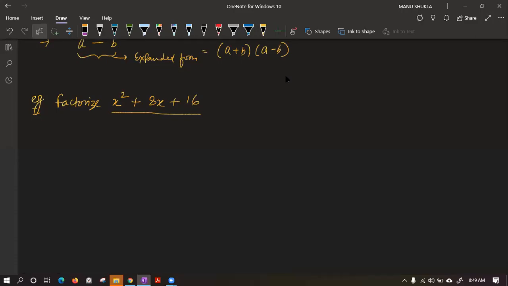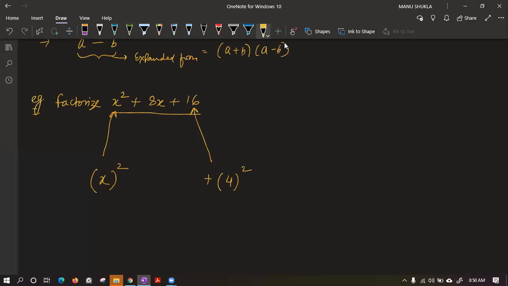For that, let us write like this. We can think this x square came from this thing. Similarly, class, we can think this 16 came from what? We can think 16 came from 4 square.